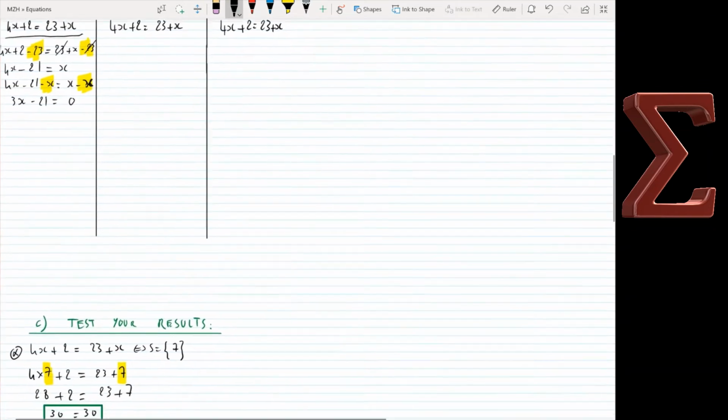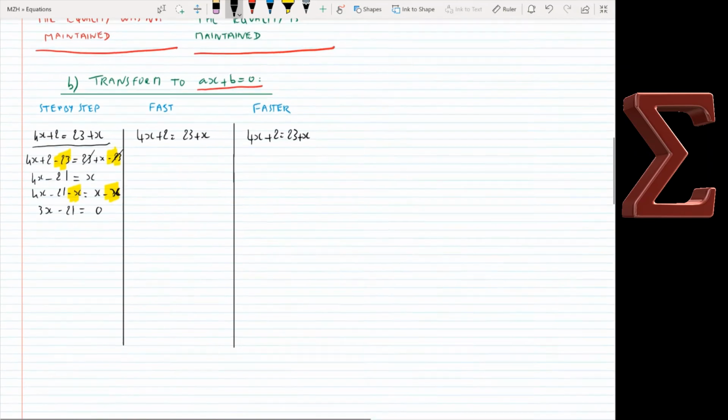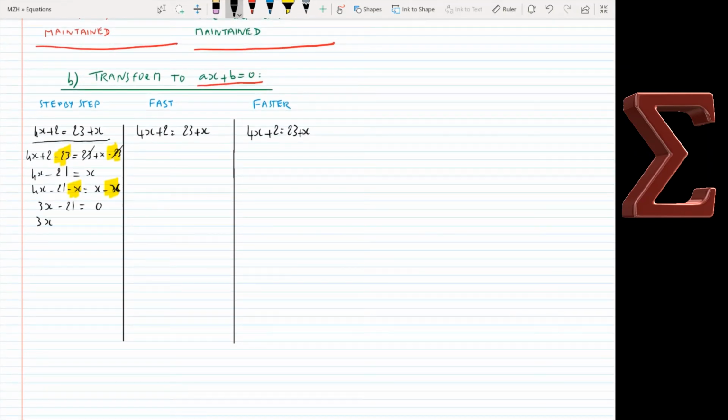Here I can write 3x plus minus 21 equals 0. This gives me that a is equal to 3 and b is equal to minus 21, and we know that the solution is minus b over a, which is 21 over 3, which is 7. So my solution is 7.